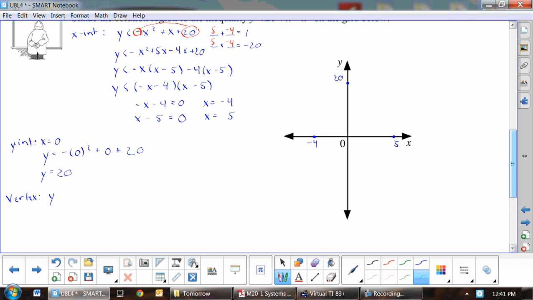So for the equation y is equal to negative x squared plus x plus 20, how do we find our vertex point? Algebraically. Quadratic formula gives you your x-intercepts. Kevin? Into what formula?